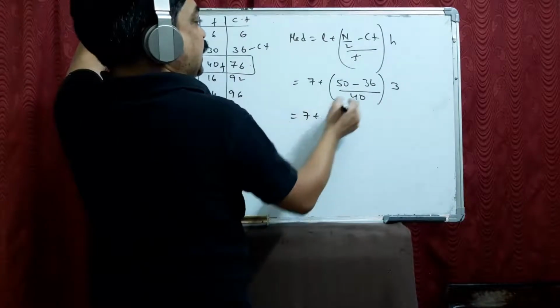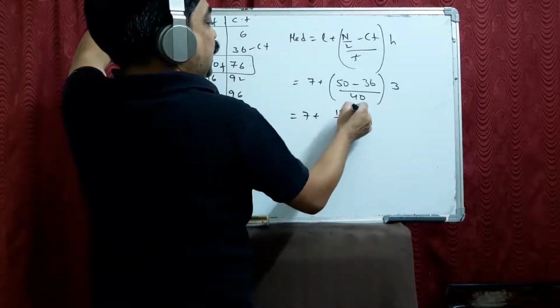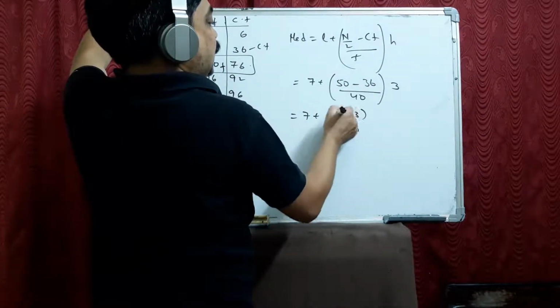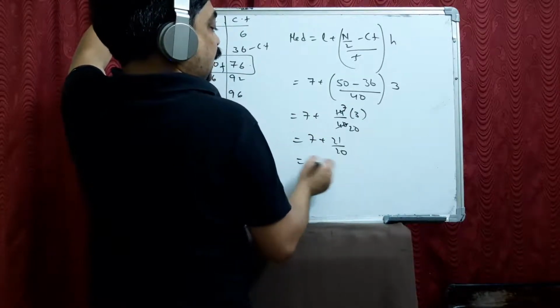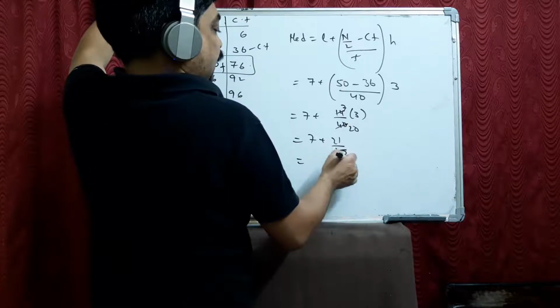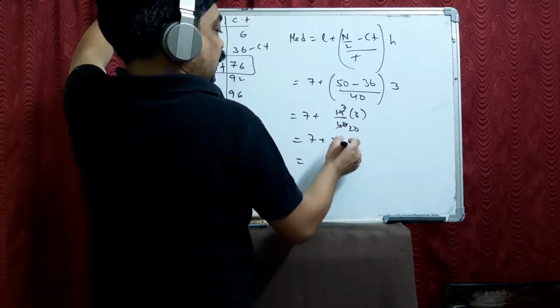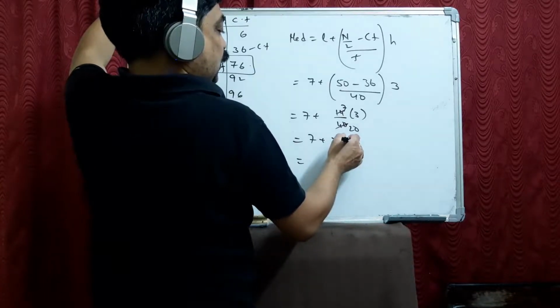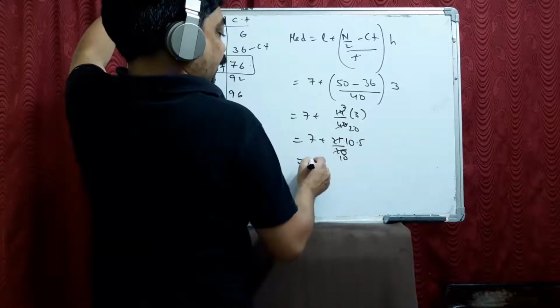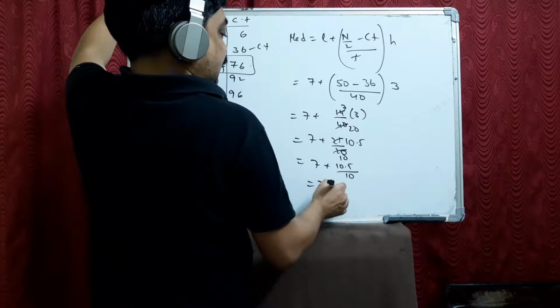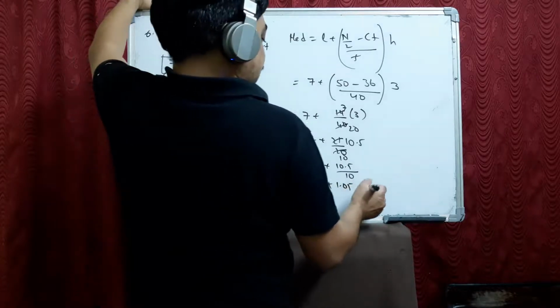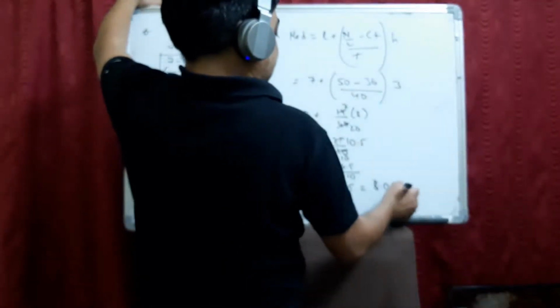Now 7 plus 14 by 40 into 3. It becomes 7 plus 21 by 20. It becomes 1.05. So 7 plus 1.05 becomes 8.05, which is the median.